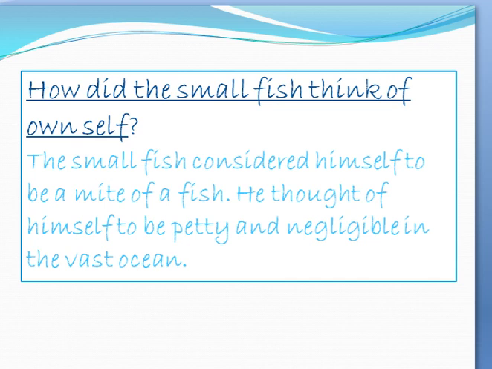He thought of himself to be petty and negligible in the vast ocean. Petty means trivial, with no significance, no value at all, means no one cared about him. If the fish is of such little size, no one would even look at it. So that is what it means, that no one would care for him.